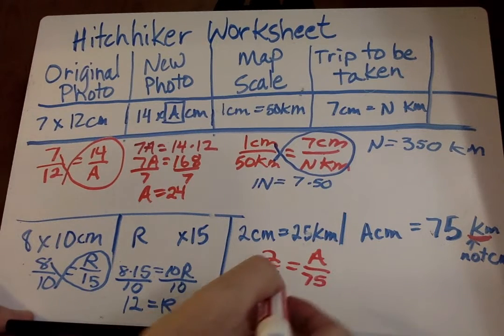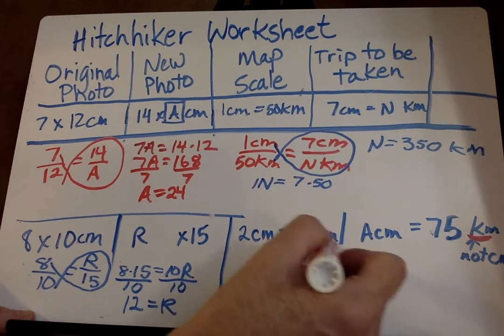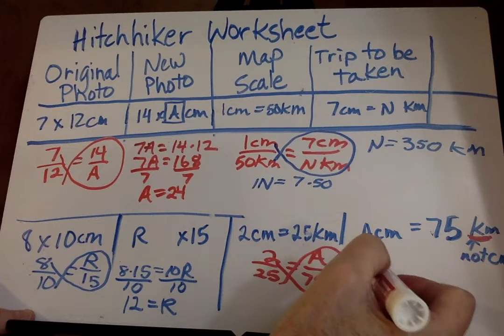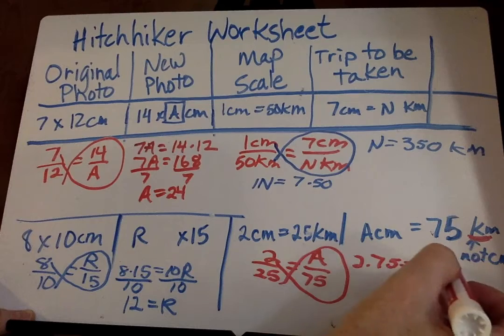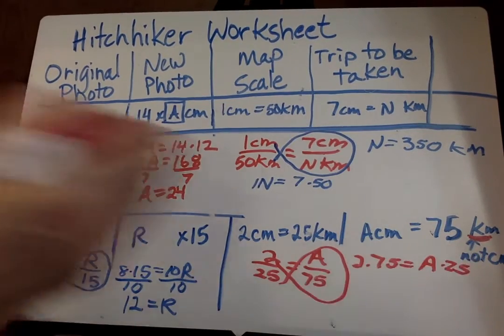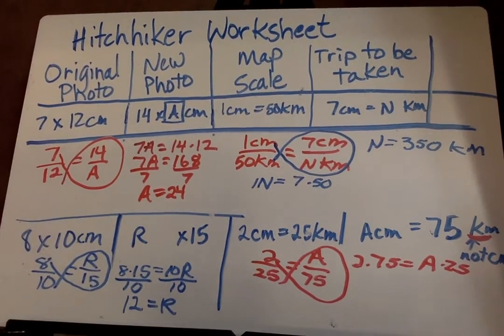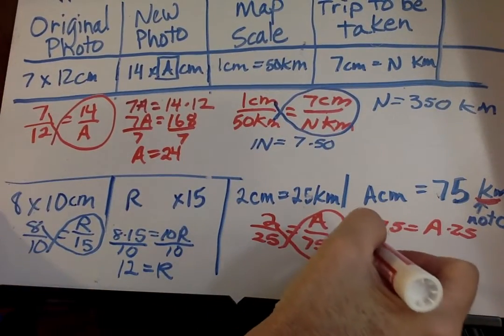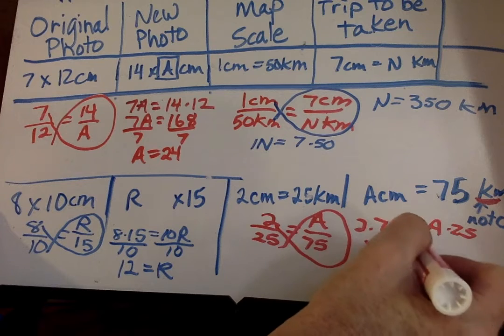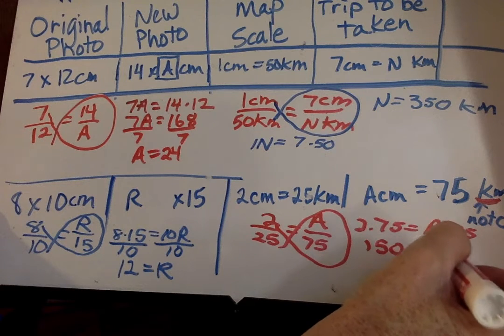Okay. Now we're going to go ahead and do our fish. 2 times 75 equals A times 25. Then 2 times 75 is 150 equals, and I'm going to switch this around to 25A.